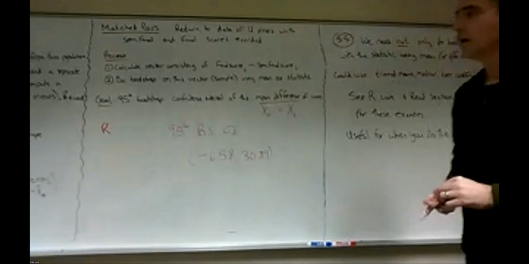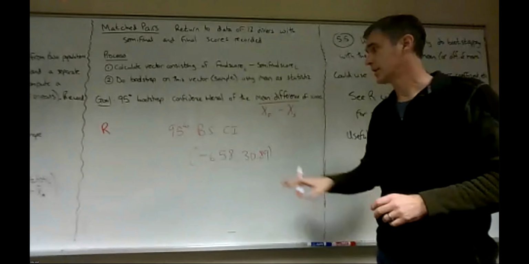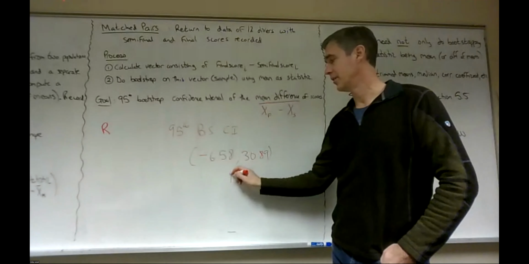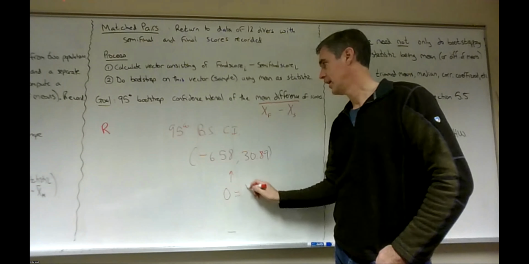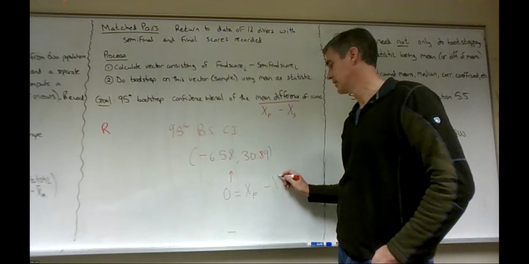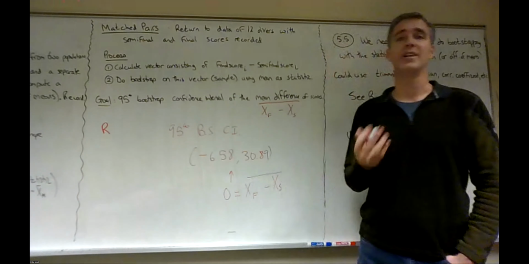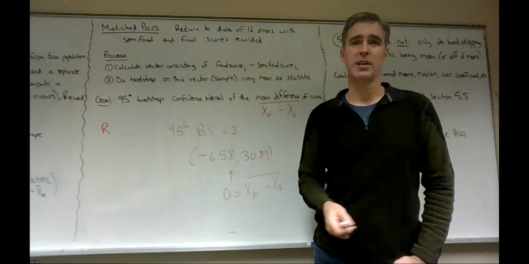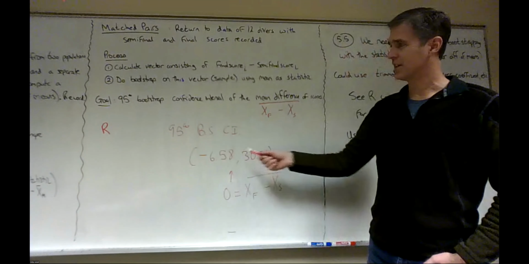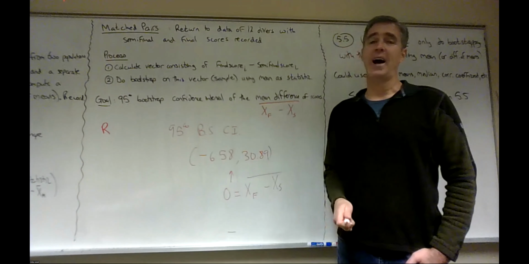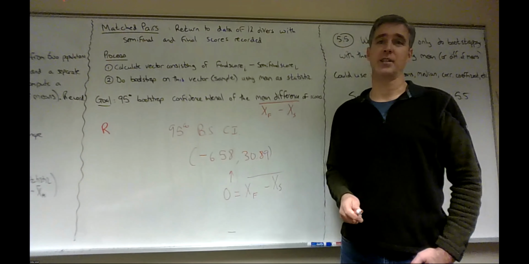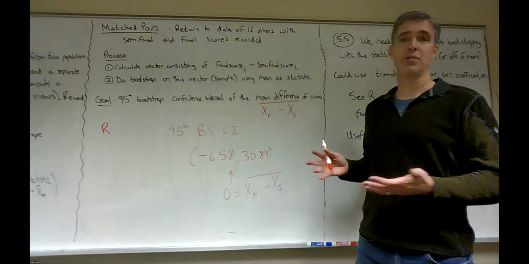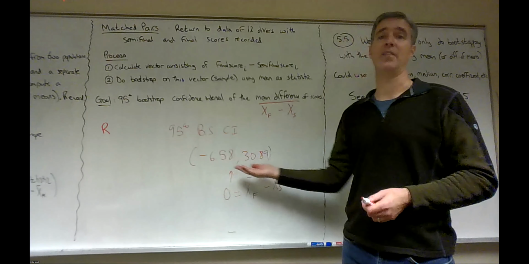All right. So what can we say based on this confidence interval? Well, it contains 0. And that would be when the final score minus the semifinal score's average is 0, when there is no difference. So if I'm looking to avoid calculating a p-value, since 0 is in the 95% confidence interval, I think I'm rejecting the alternate hypothesis that the final scores are different from the semifinal scores, because 0 is in there.